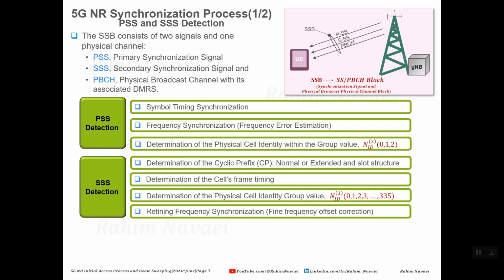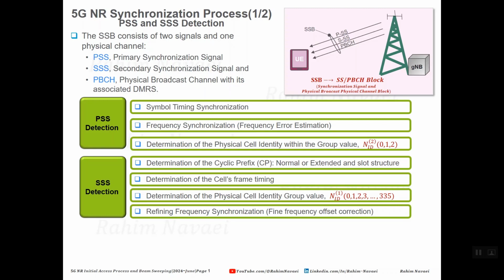Together, the PSS and SSS detections allow a 5G device to determine the complete PCI, which is essential for cell identification and synchronization in the 5G network. The PCI is crucial for a 5G device.